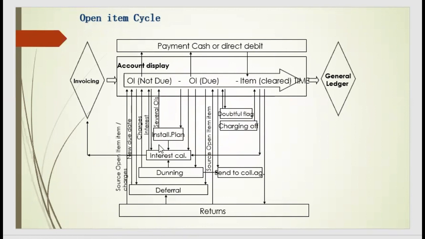If not, then these steps need to be taken up: return, deferral, dunning, interest calculation, installment plan, and doubtful flag. Now, this doubtful flag is another thing which reduces the creditworthiness. So in case there is a doubtful flag, that whether he will pay or not, in that case, we regularly remind that person to pay.